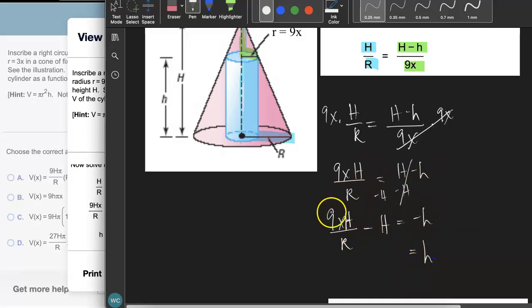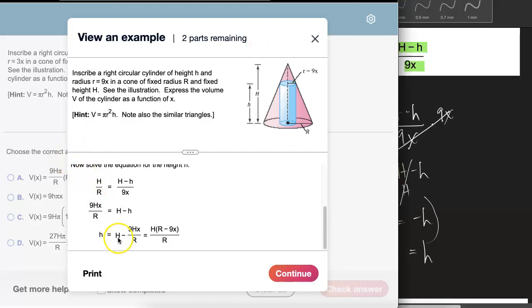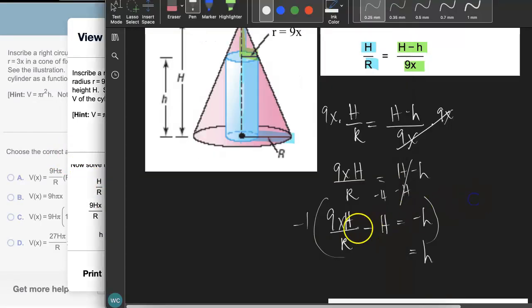Now, multiplying everything by -1 means that both of these signs here are going to change as well. So this becomes negative, this becomes positive. And if I check back with View an Example, notice that they choose to list the positive term first. We could have written negative 9x and so forth, and then plus h, or you can write the positive term first, and that's what they're doing there.